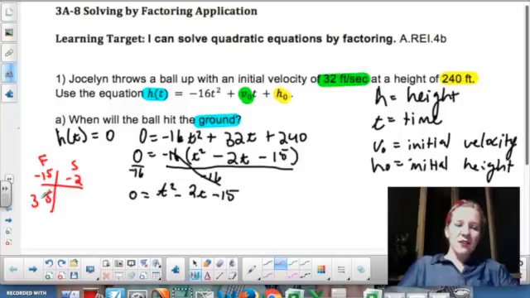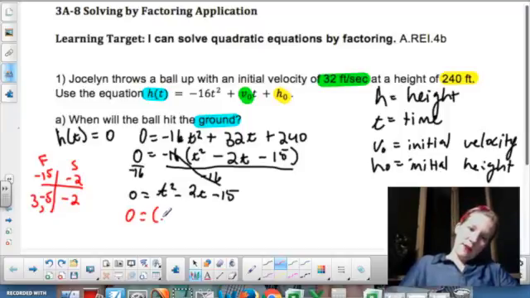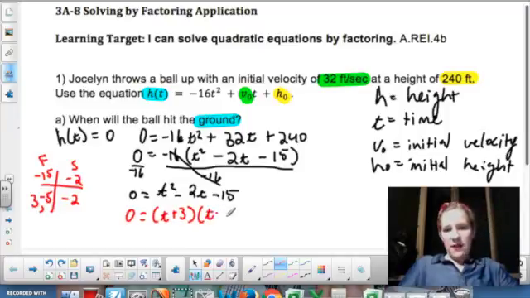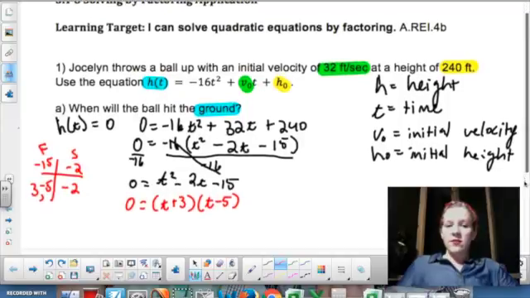My sum is also negative. That means the larger number is probably going to be the one that's negative. And sure enough, 3 plus negative 5 is negative 2. So I know it's going to be 3 and negative 5. That means I now have t plus 3 and t minus 5. To solve this, I'm going to set each of those factors equal to 0.